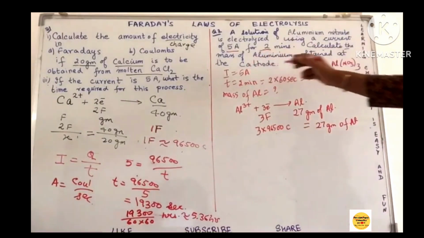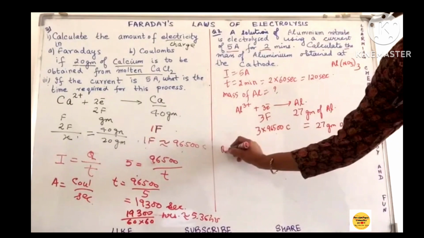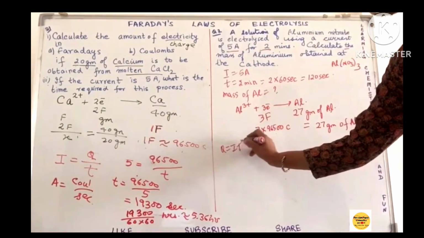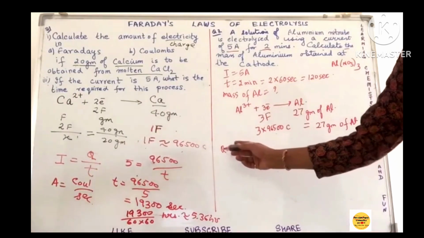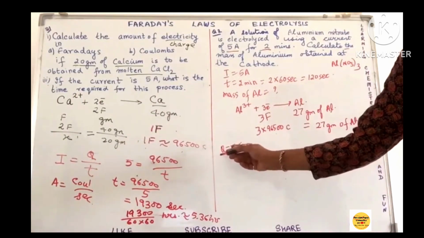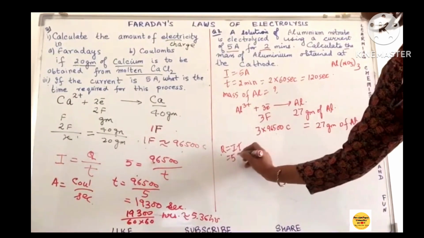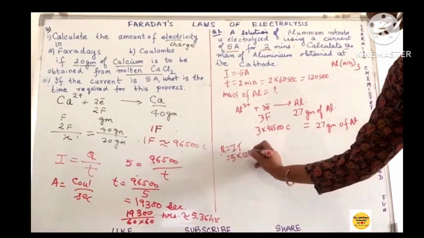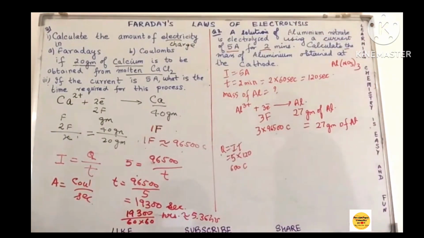How much charge, how many coulombs, is flowing through the solution? Yes, Q is equal to I into T. We are using the same formula in a slightly different format because we are making Q the subject of the formula. So I here is 5, the time is 120, so we have 600 coulombs.